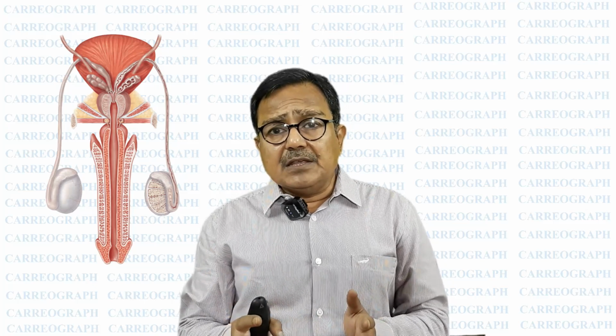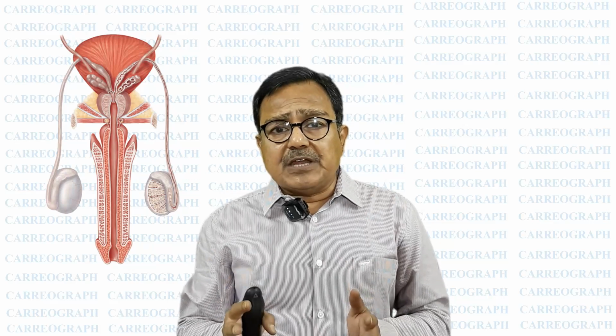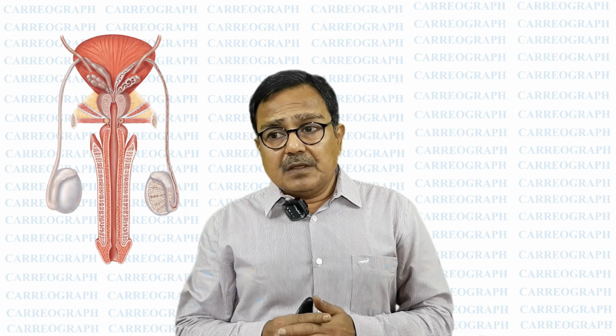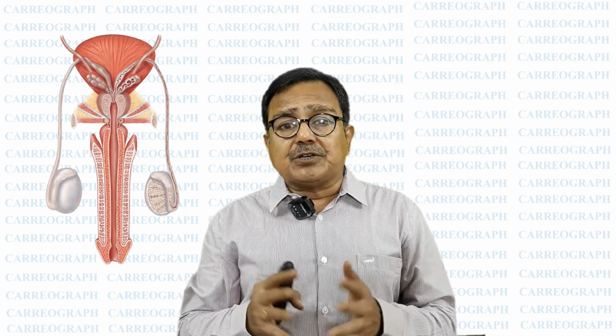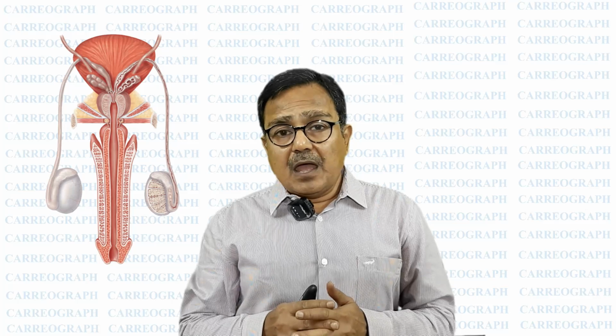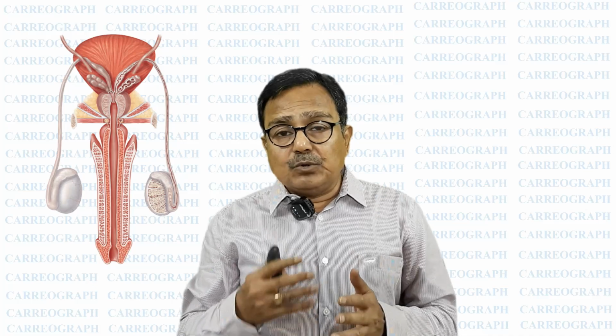Vas deferens is just to carry the sperm from epididymis to seminal vesicle. Seminal vesicle plays a very important role. Seminal vesicle produces a fluid which helps the sperm to come out easily from the body.